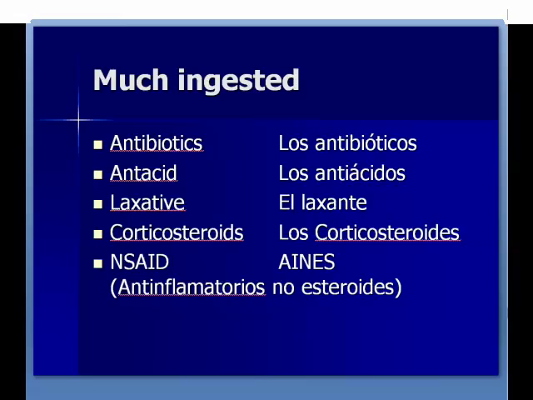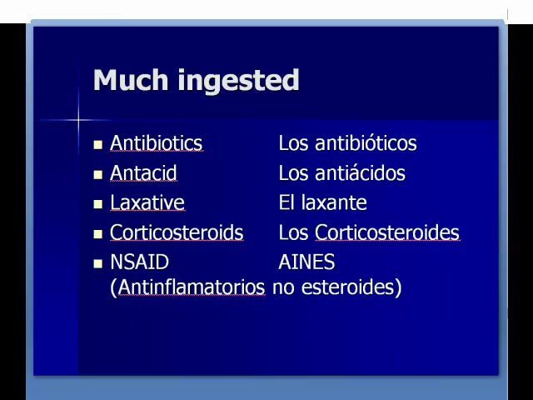Antibiotics, los antibióticos. Antacid, los antiácidos. Laxative, el laxante.